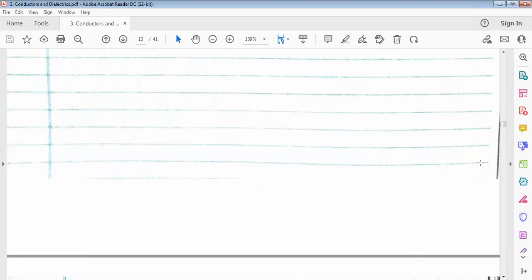I think in the last lecture I told you that they have the same, positive and, it is a neutral point, you can say. No free electrons are there. When you consider a conductor, there are free electrons, right?